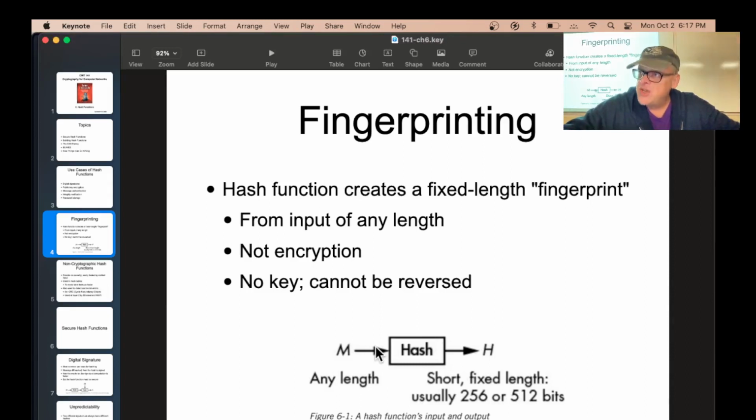And therefore, in principle, there always are hash collisions. There are more possible messages than there are possible hashes. If you have 256 bits here, there's only 2 to the 256 possible hashes, but there's many more messages than that. If this is 1,000 bits, I have 2 to the 1,000 of those. So in principle, there are many messages that hash to the same value. So when you say you need a hash function that doesn't have collisions, what you mean is you have a hash function where no collisions have been found.